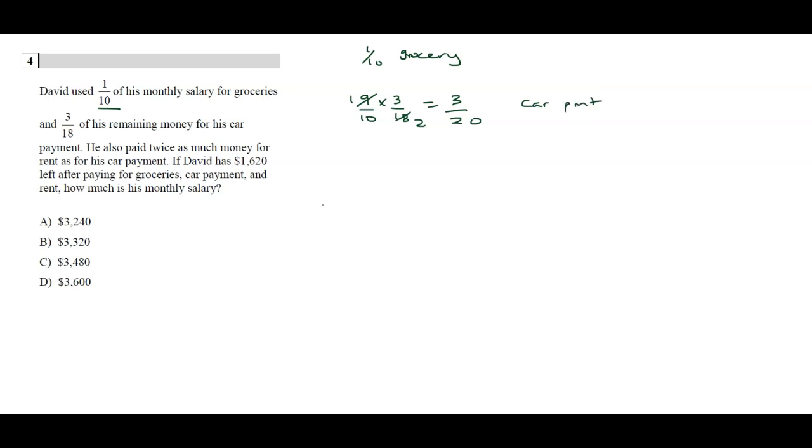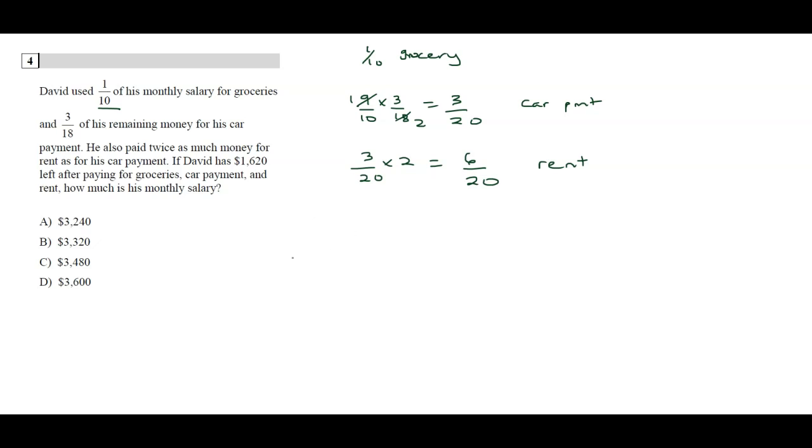He also paid twice as much money for rent as for his car payment. So this is 3/20 multiplied by 2. This is going to give us 6/20, and this is going to be rent. If David has $1,620 left after paying for groceries, car payment, and rent, how much is his monthly salary?